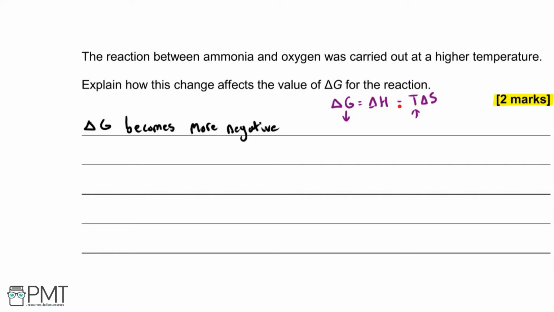So this occurs as ΔS is positive for this reaction. So for other reactions, this may not be the same. The effect of temperature on the Gibbs free energy change is down to the entropy change, and whether the entropy change of the reaction is positive or negative.